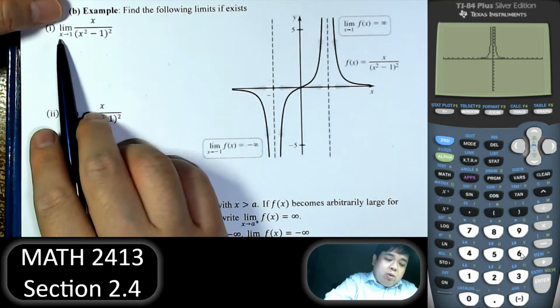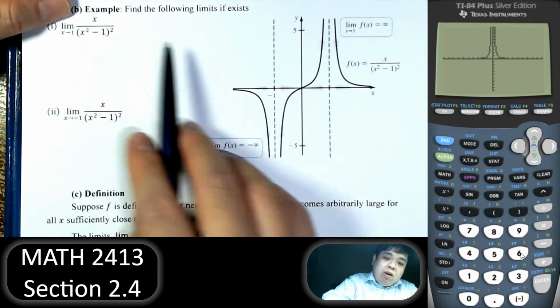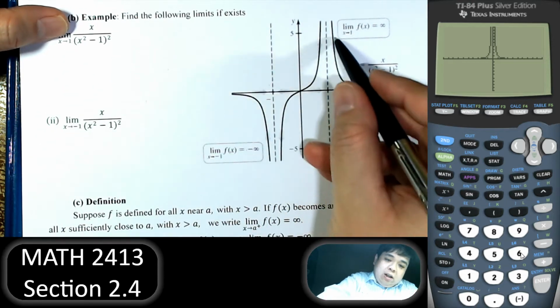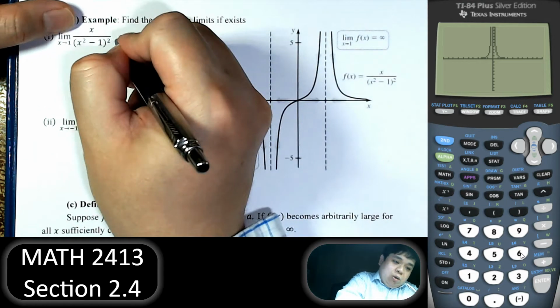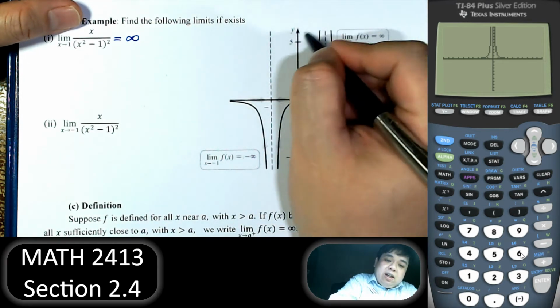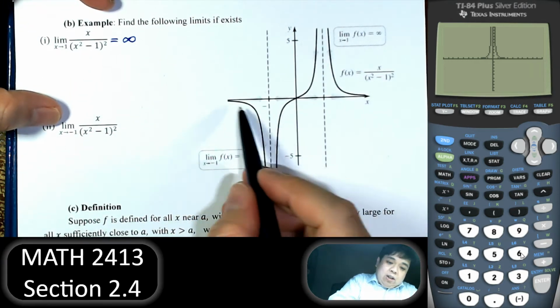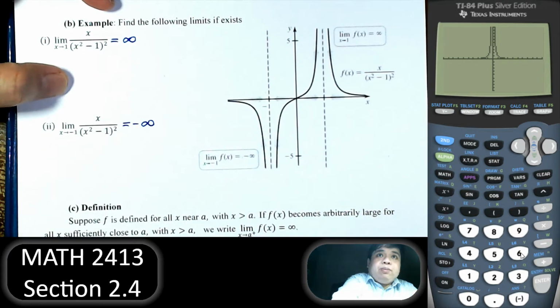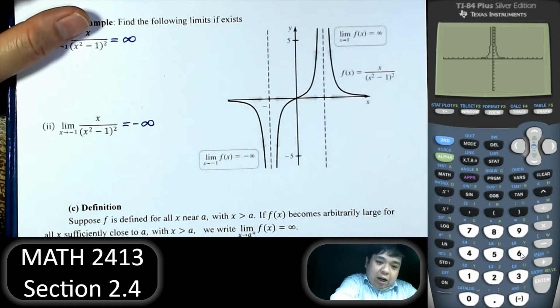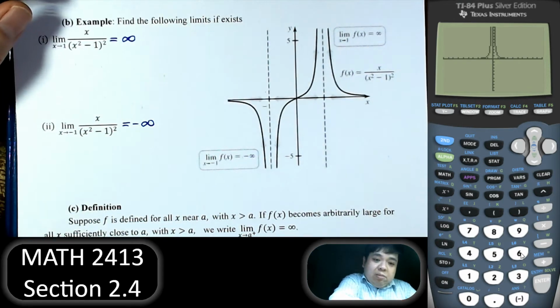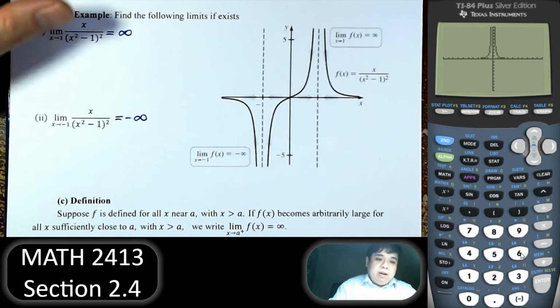So for this function, when x goes to 1, the y goes to infinity. By looking at the graph, we can tell this goes to infinity, and when x goes to negative 1, it goes to negative infinity. So just graphically, we can determine if it is infinity or negative infinity.